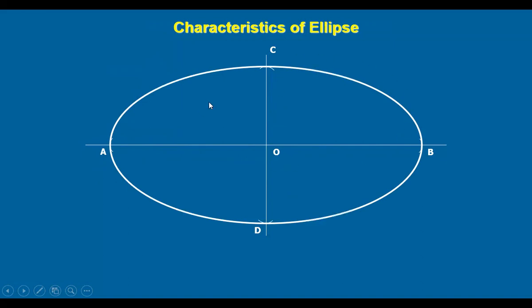Now, coming to the characteristics, an ellipse has two fixed points called focus points, foci, F1 and F2.